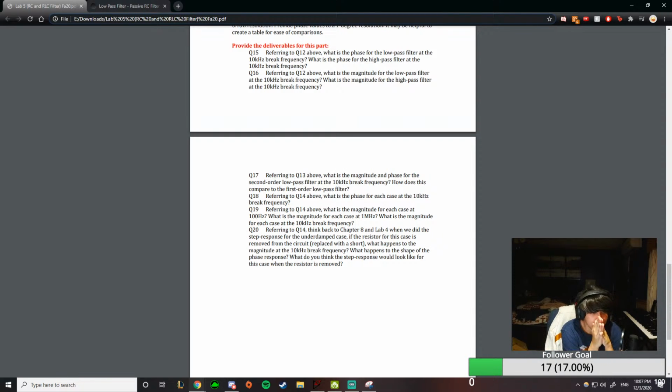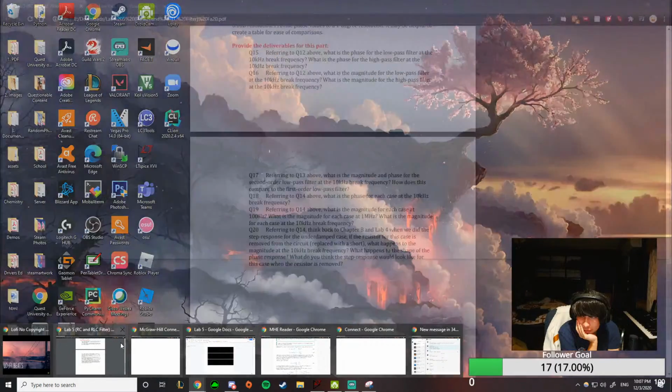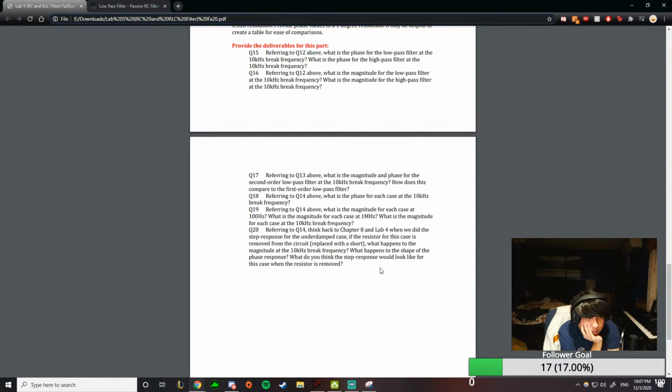If any fellow EE majors could look at question 20: if the resistor for this case is removed from the circuit, so it was just the inductor and the capacitor together, what happens to the magnitude? What happens to the shape? What do you think the step response looks like for the case when the resistor is removed?